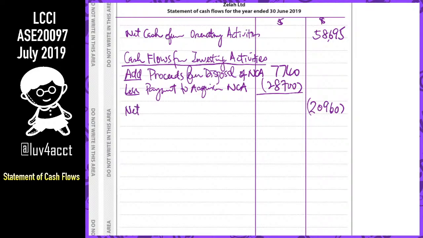Net cash used in investing activities. Do we have any dividend paid? We'll have to see. Okay, so next part, cash flows from financing activities.